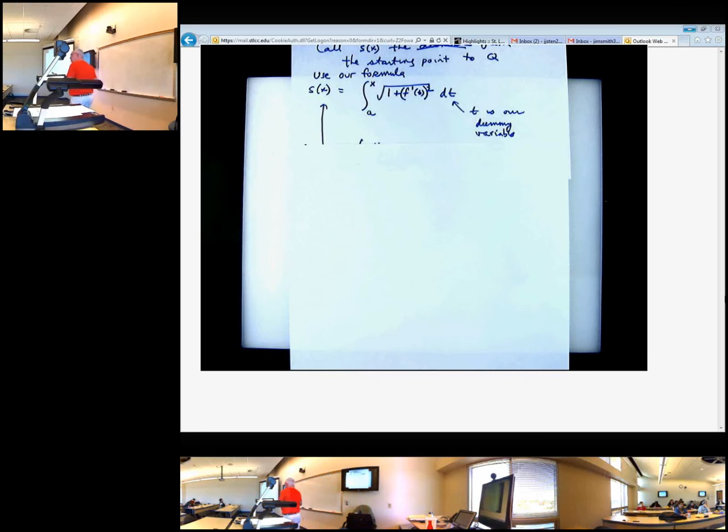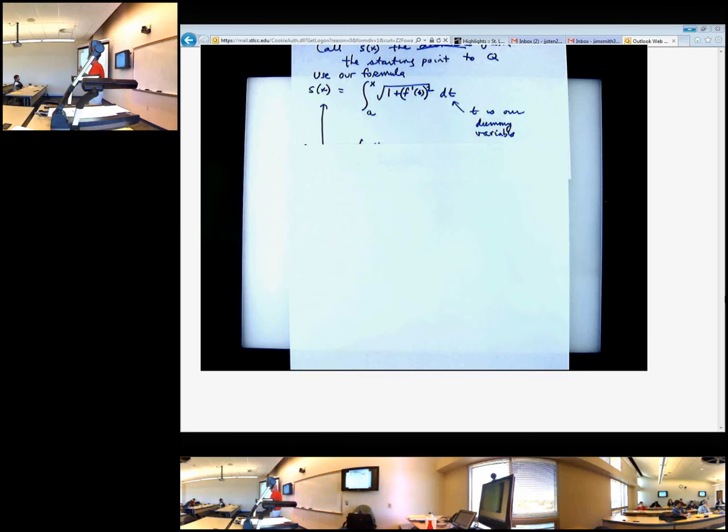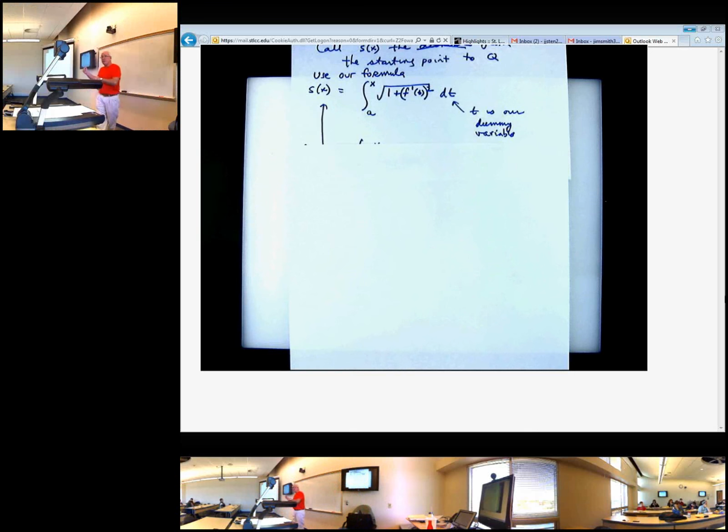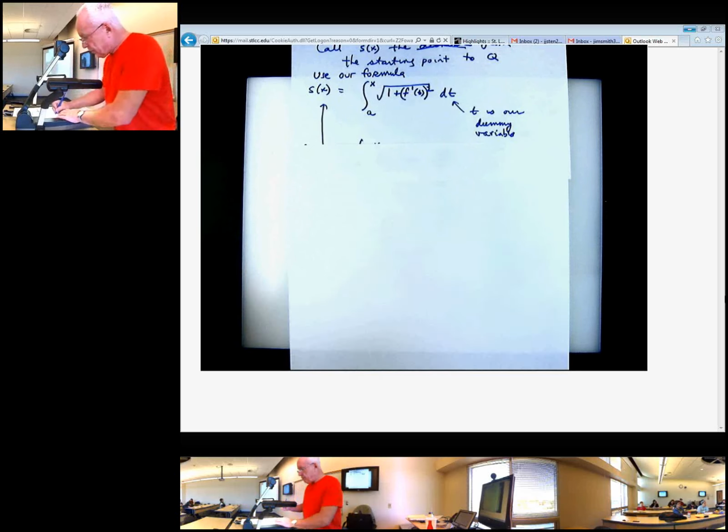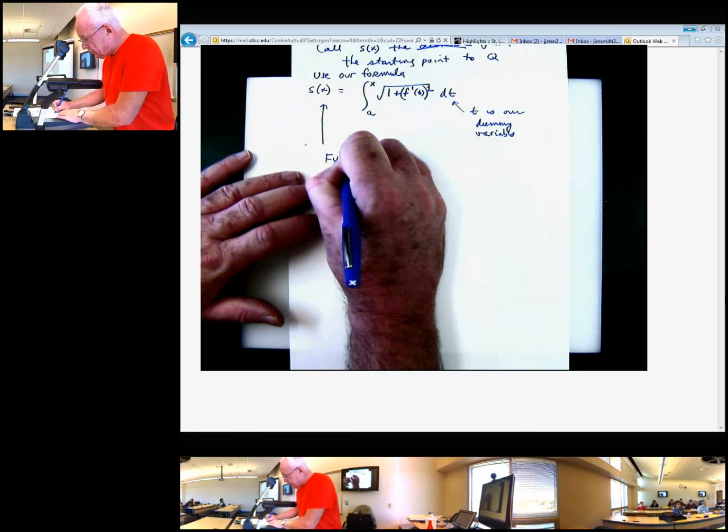Now, in Calc 1, you learned that there were two forms of the fundamental theorem of calculus, and one of them is this. When we take the derivative of this integral, we're going to come up with what is inside the integral evaluated at that top variable, x. So this is from one of the fundamental theorems of calculus.